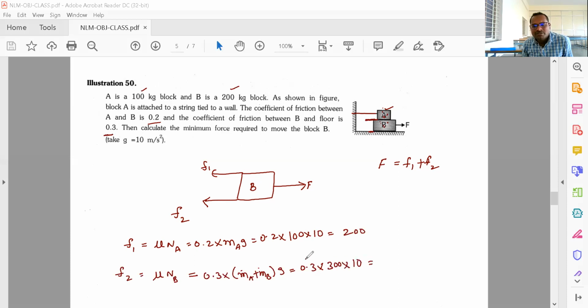So 10 into 0.3 is 3, and 3 into 300 is 900 Newton. F1 is 200 Newton. So total 200 plus 900 is 1100 Newton. So the minimum force required to move block B is 1100 Newton.